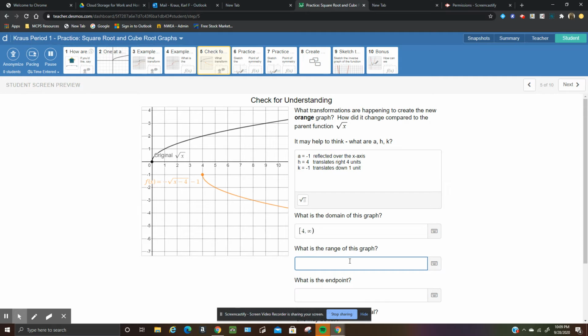And then for the range, starting at the bottom is negative infinity, and it goes to -1 in square bracket. Includes -1. The endpoint, I look right here, for -1. I can see my x value and my y value in the domain and range there for the endpoint. So 4, comma, -1.